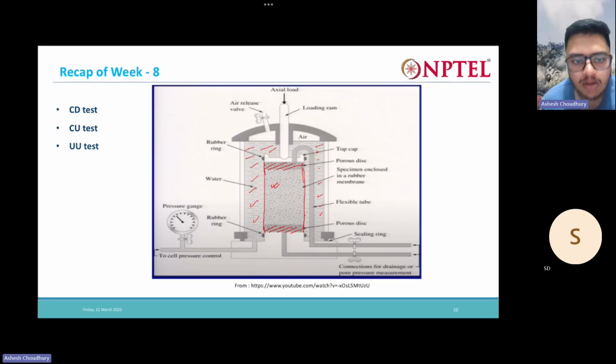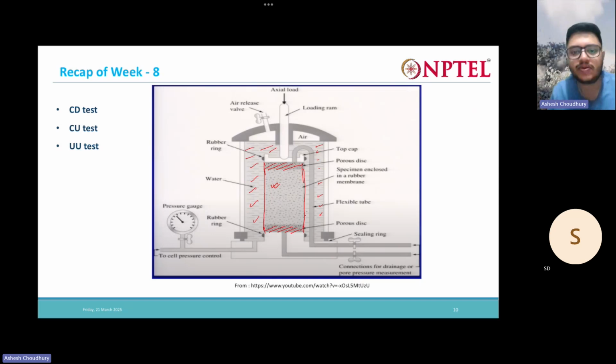Now next, what is generally done is that there are mainly two drainage valves. First, in the confining stage, we allow the water to fill the valve, and then we close the valve so that the pressure is maintained.